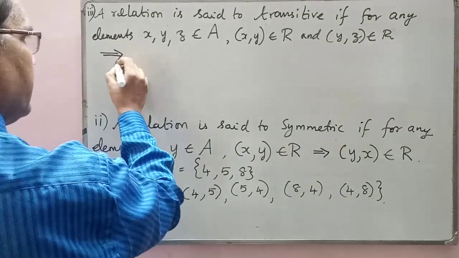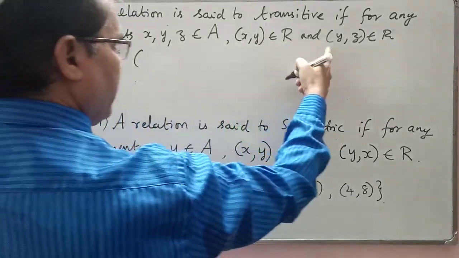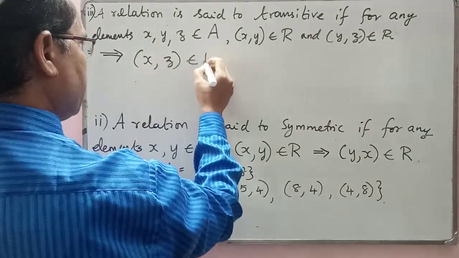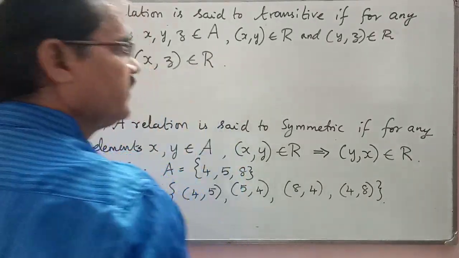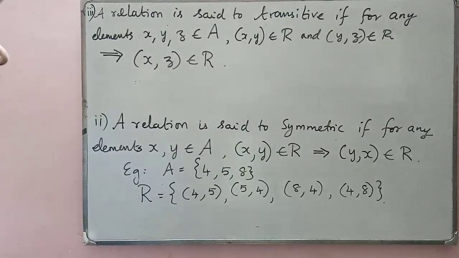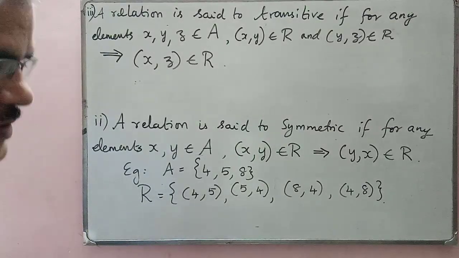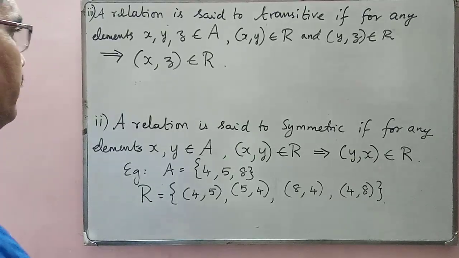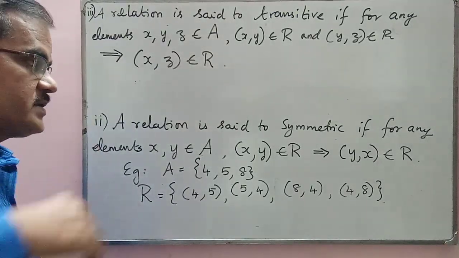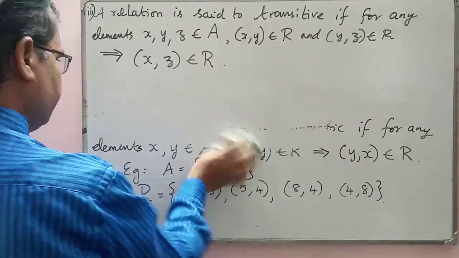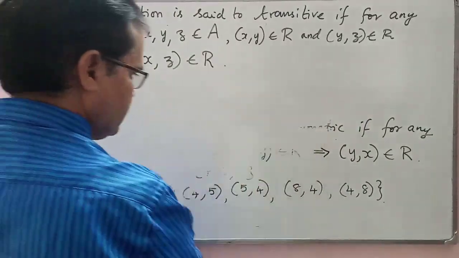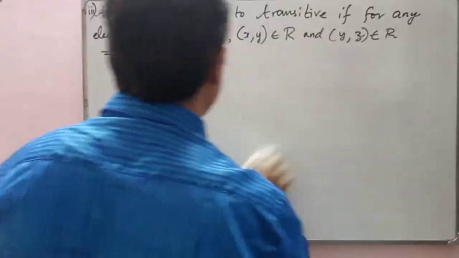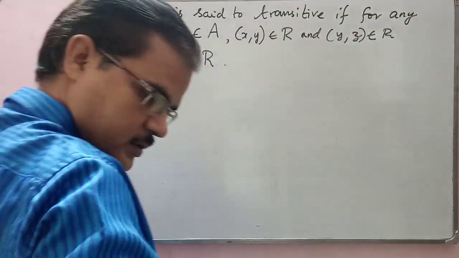This implies x comma z should also be in the relation, then only call the relation transitive. Otherwise, it is not transitive. There are some important facts about transitive which I have taken separately, that I will teach you after finishing this, so that you will not get any doubts in the transitive.